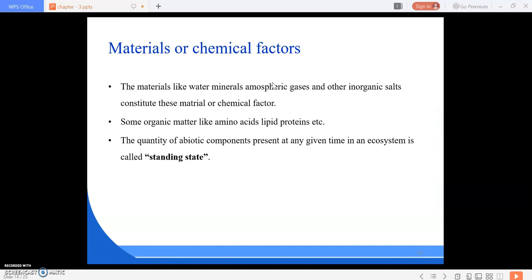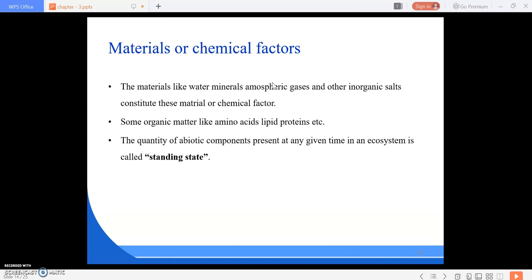Next is our materials or chemical factors. Materials like water, minerals, atmospheric gases, and other inorganic salts constitute these material or chemical factors. Some organic matter like amino acids, lipids, proteins, etc. are the organic matter.